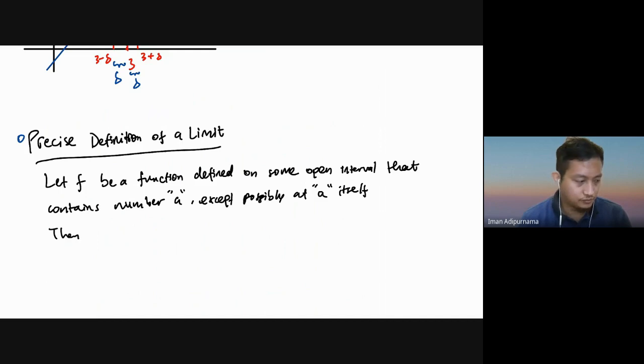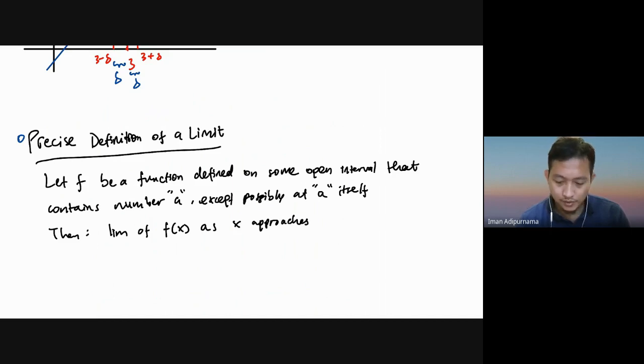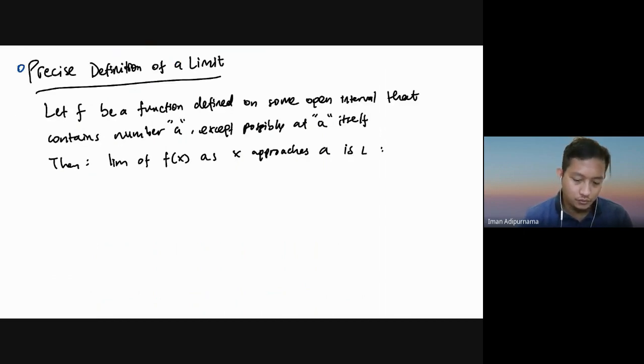Then we say that the limit of f of x as x approaches a is L. We write this in our intuitive definition, right? So we write this if, okay, there's another additional text here.